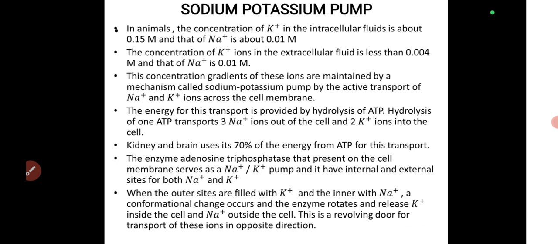This is a revolving door for transport of these ions in opposite directions. The things stuck on the door, after it rotates, will be outside, and those stuck outside the door after rotation through 180 degrees will be inside the cell.